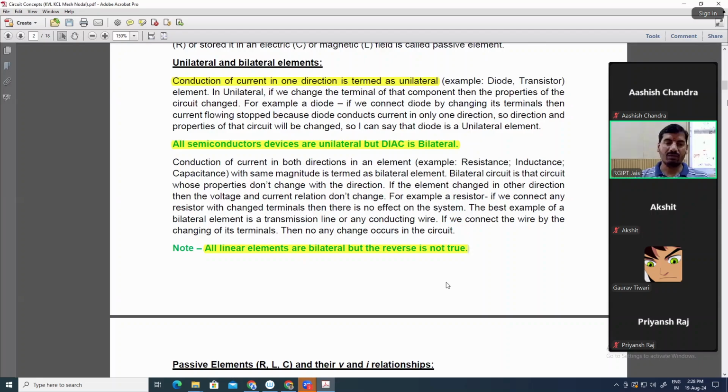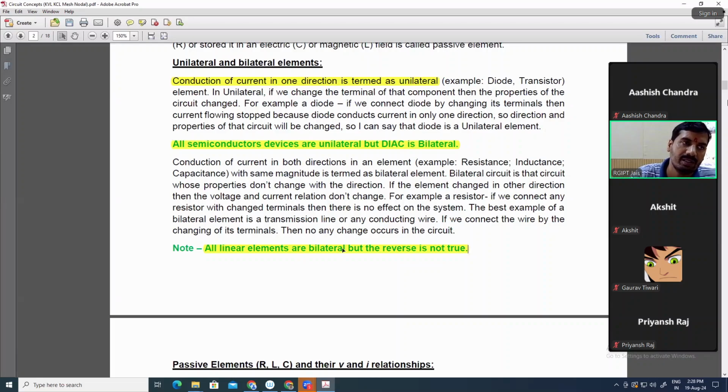In the VI graph, we can see the relationship between voltage and current must be linear. So the graph between voltage and current will be a straight line, and so all linear elements are bilateral.